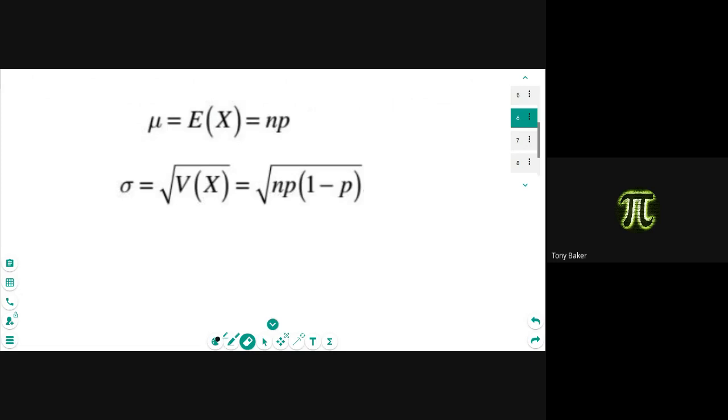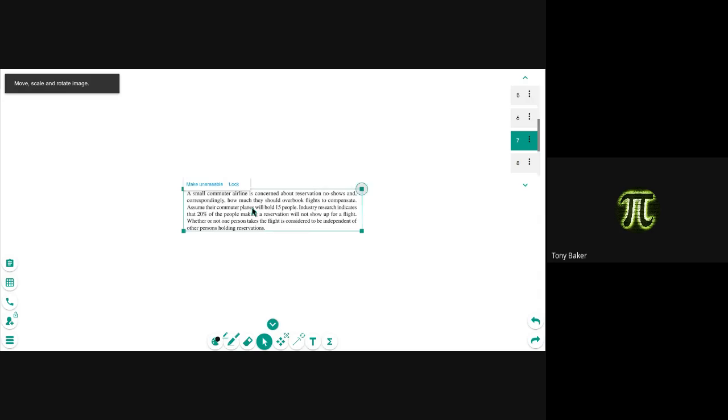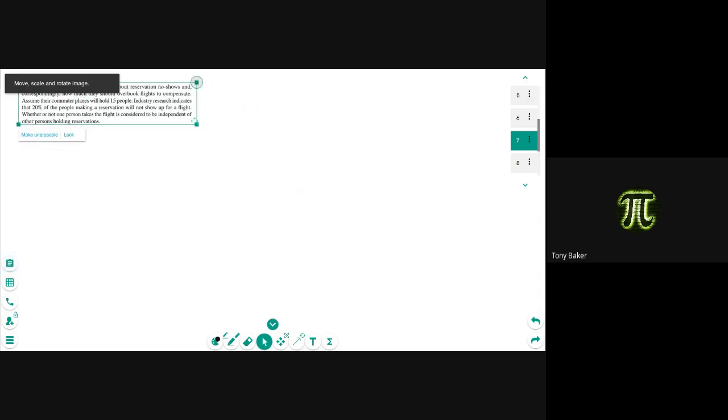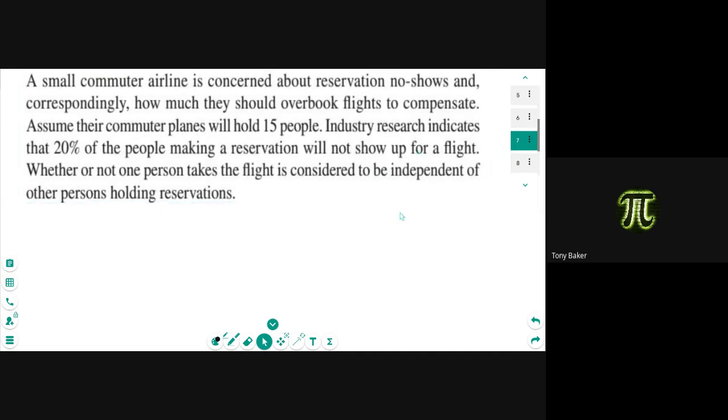Remember this problem? Okay. So this was the binomial distribution. So assume the plane was the 15 people on the plane. How many people are not going to show up? So we did this one using that formula to figure it out.